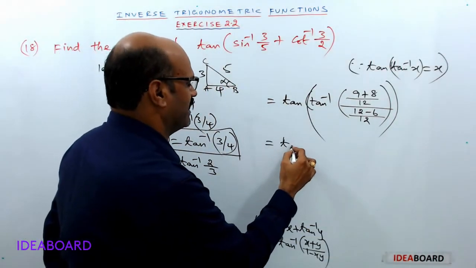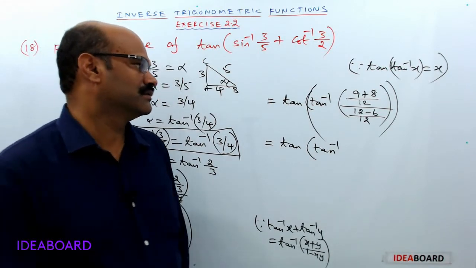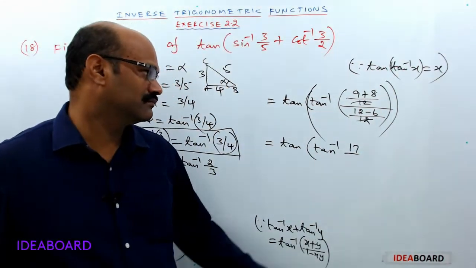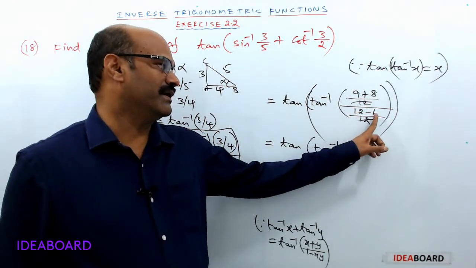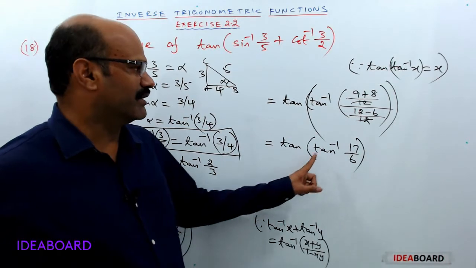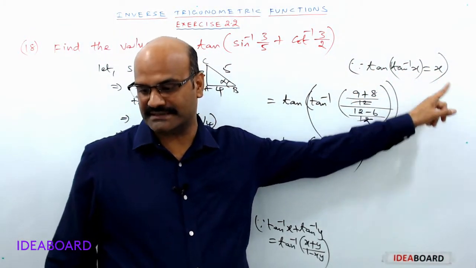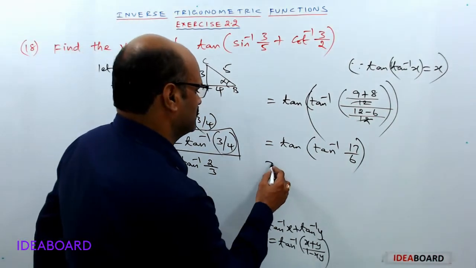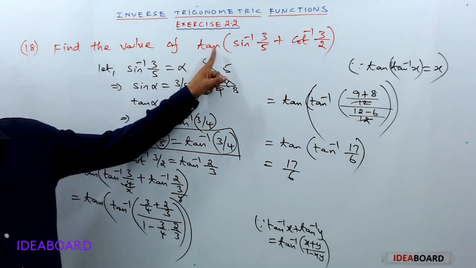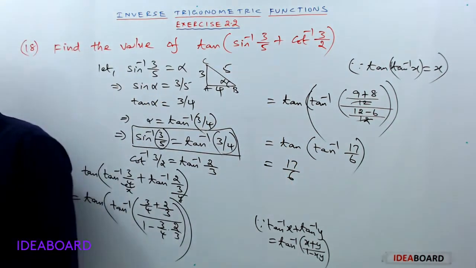Then it's equal to tan of tan inverse of 9 plus 8, 17, upon 12 minus 6 equal to 6. Then according to the formula, tan of tan inverse of x equal to x. So it can be written as 17 by 6. Therefore, the value of the given problem equal to 17 by 6.